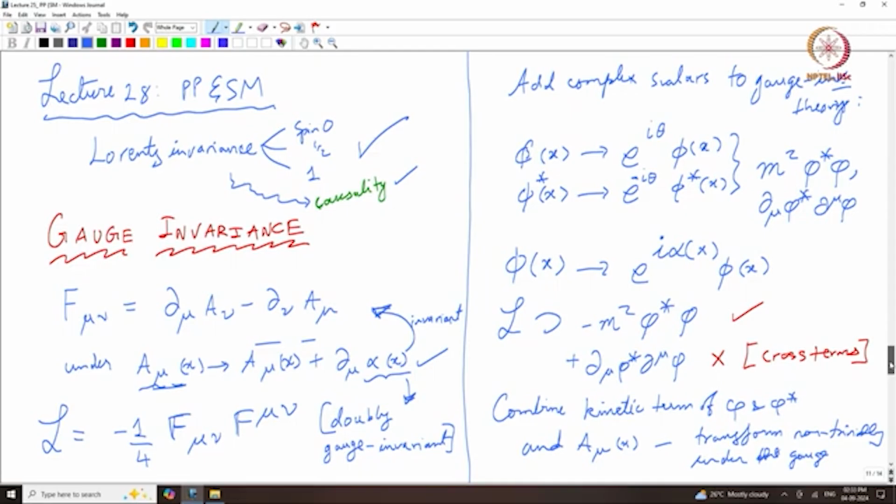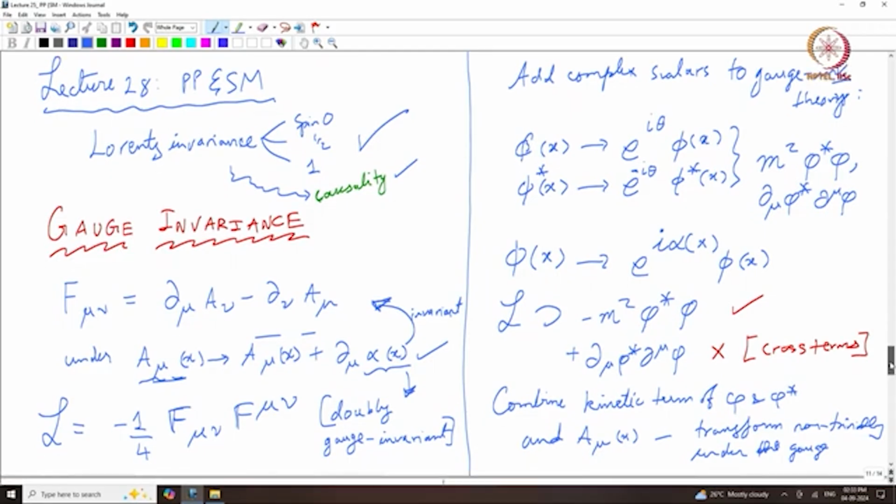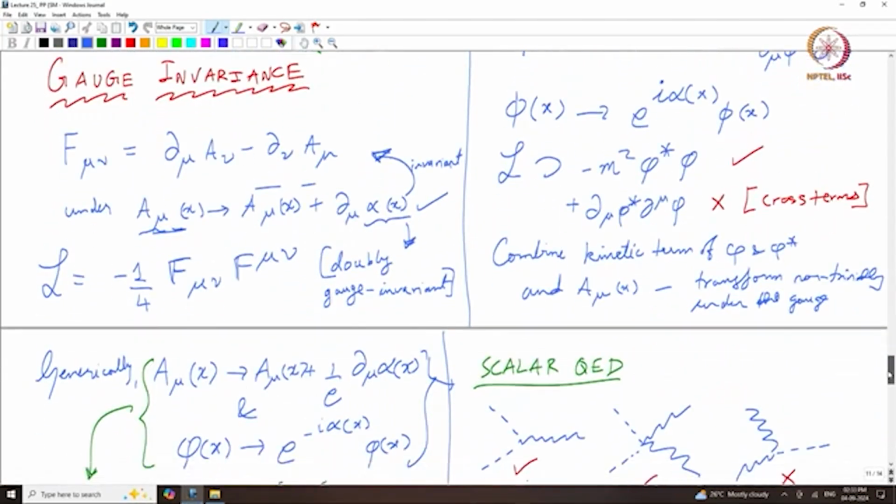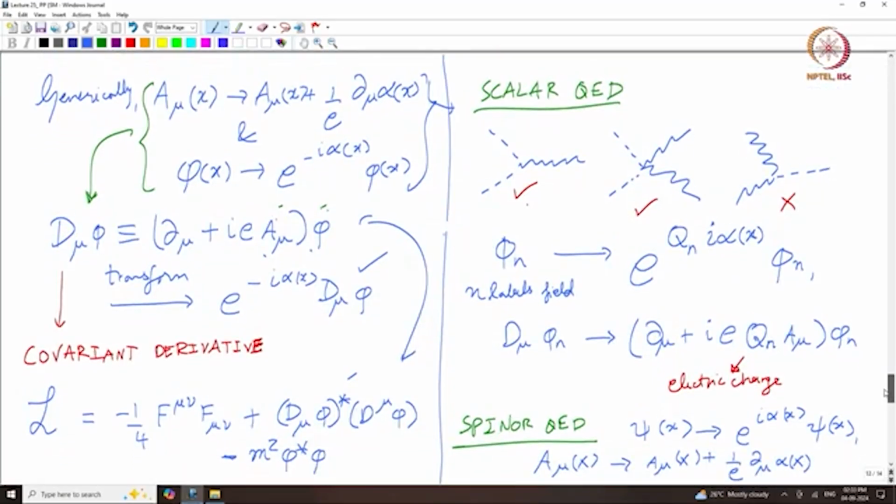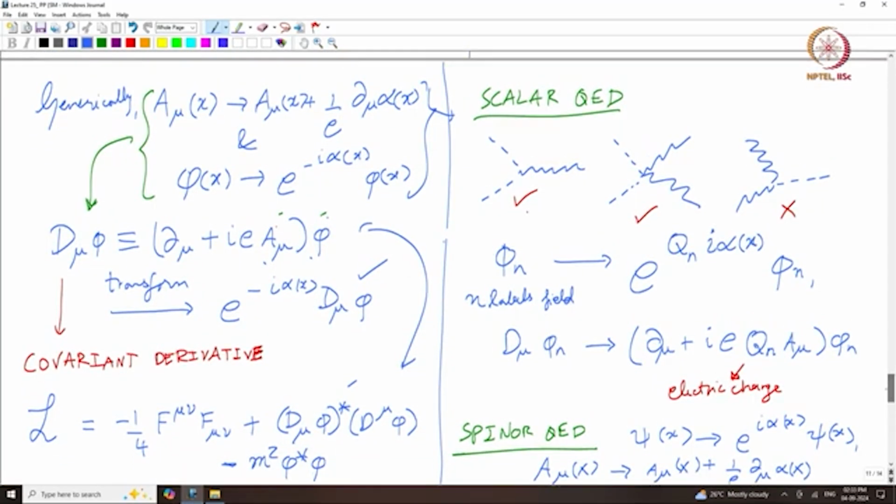So we saw how to construct a gauge invariant theory for complex scalars and for spinors, right. These went under the name of scalar QED and spinor QED, which have real world applications. If you think of this as gauge invariance that comes in electromagnetism, it's the same gauge invariance that we saw in Maxwell's equations, but now we are seeing it in a more Lorentz covariant or Lorentz invariant way.